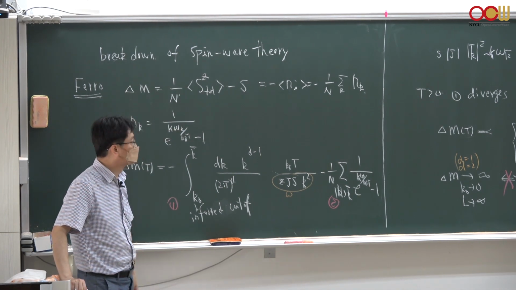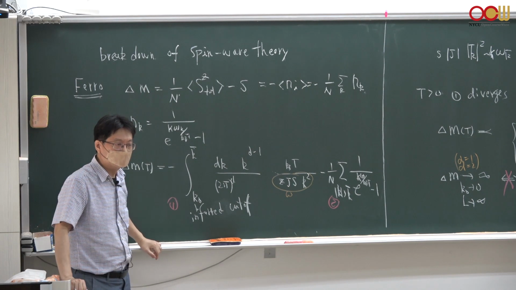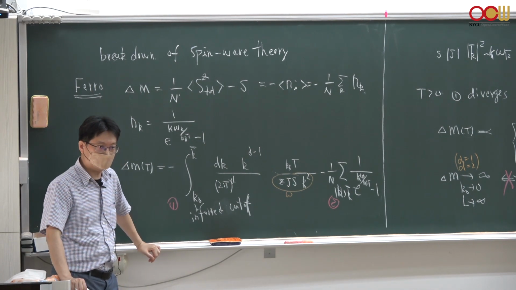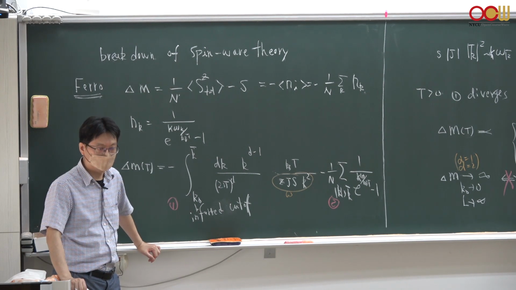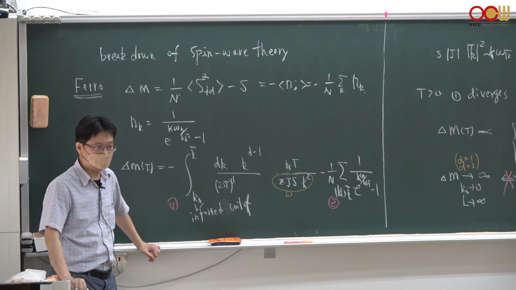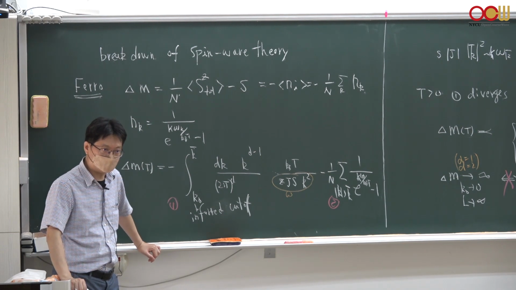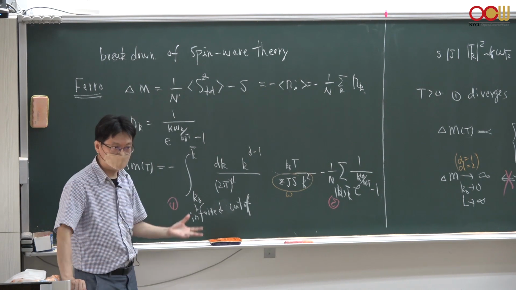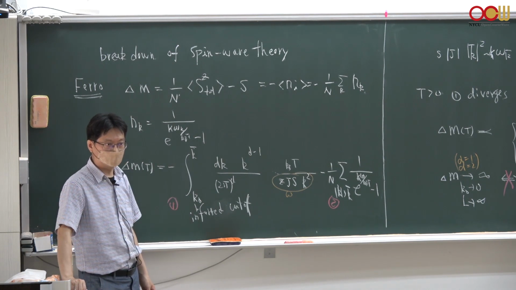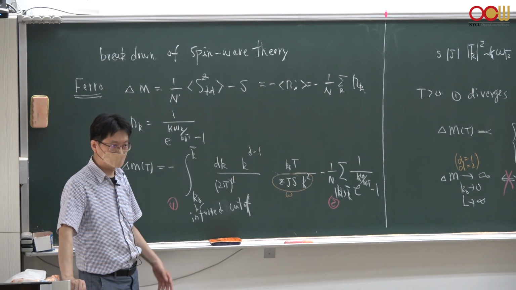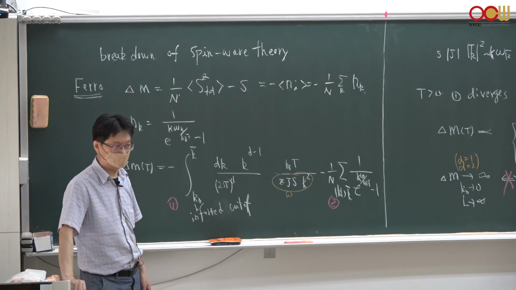You'll see that this change in magnetization per site will diverge in low dimensions. By saying low dimensions, I mean d equals 1 and d equals 2, for one-dimensional and two-dimensional Heisenberg ferromagnets, this delta m will diverge in the thermodynamic limit and also in this low temperature limit.